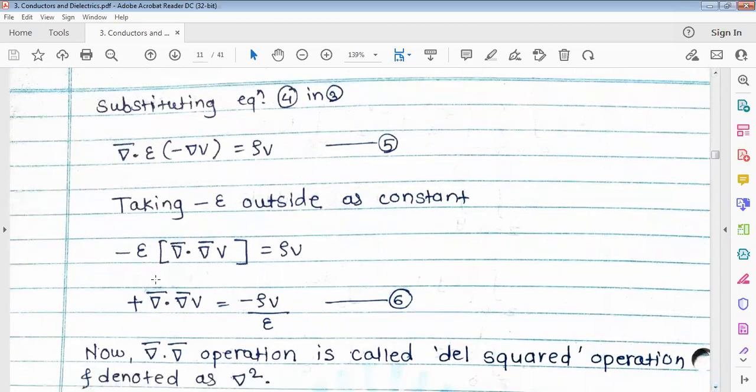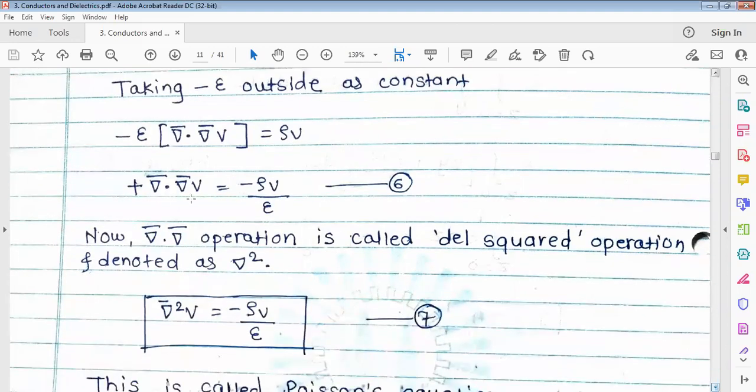So I'm getting this left hand side as del dot del into V is equal to the right hand side. The sign is coming to the right side, so it is minus rho V divided by epsilon. This del dot del is nothing but del square, because this dot product is nothing but a multiplication.